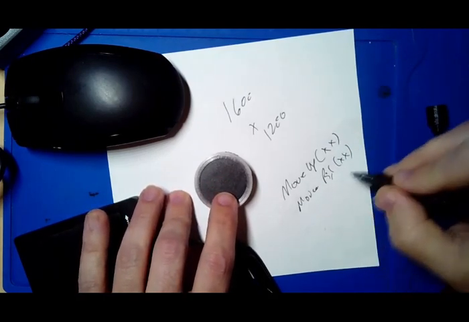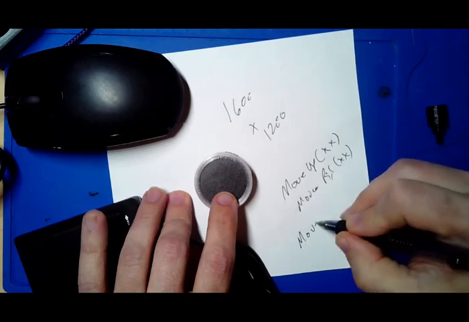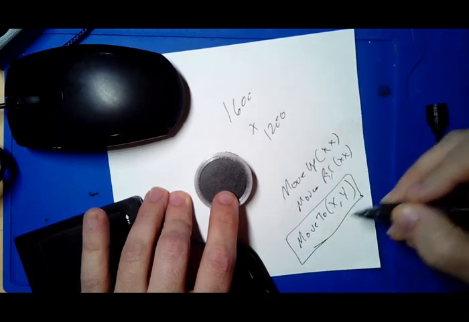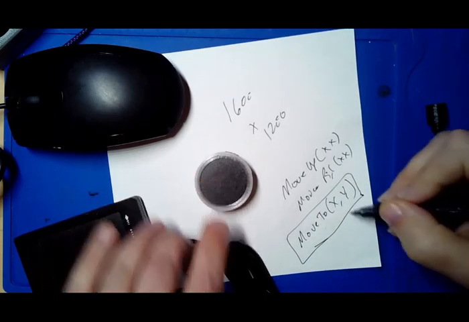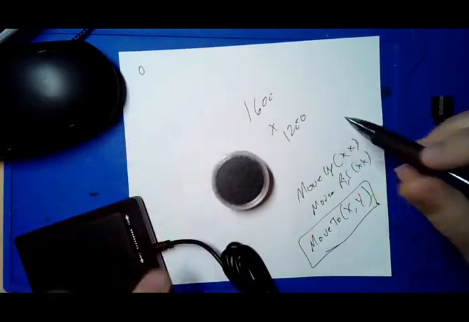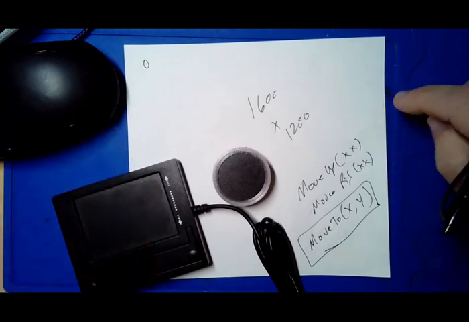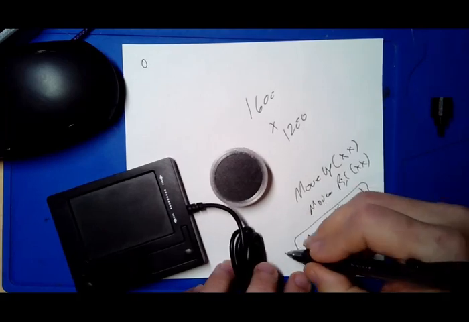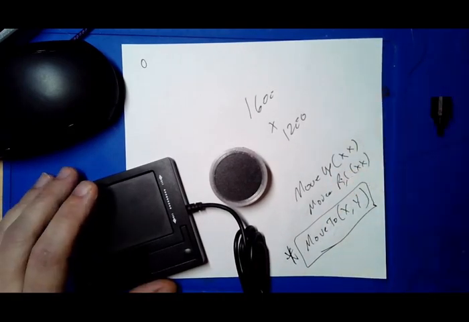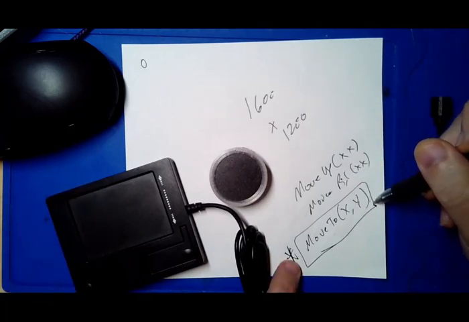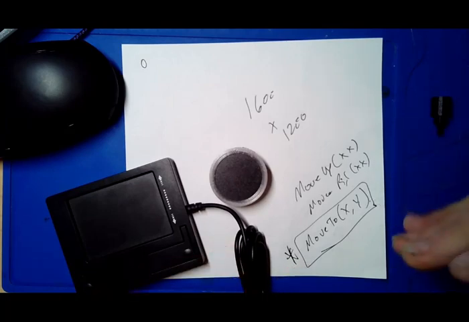There is not a way for me to say move to X comma Y, because ideally that's what I would want, right? I would want to be able to say move to this position. So if I was running a 16 by 12 screen, and I said go to one of the limits, it would move to 1600 by 1200. That's what we want. The thing is that the libraries and the drivers don't support that. So we have no way of knowing or of easily saying go here.